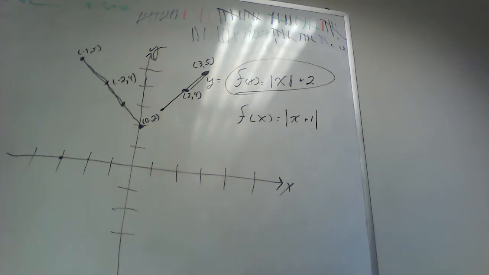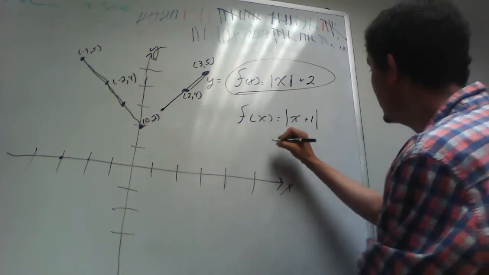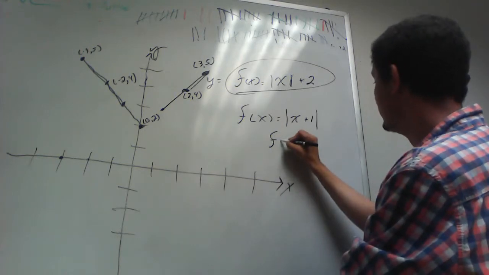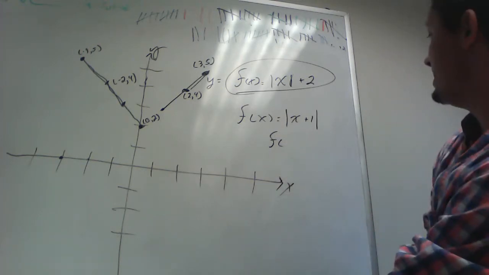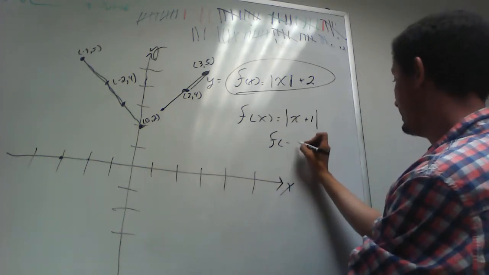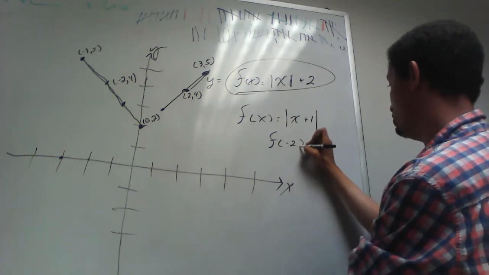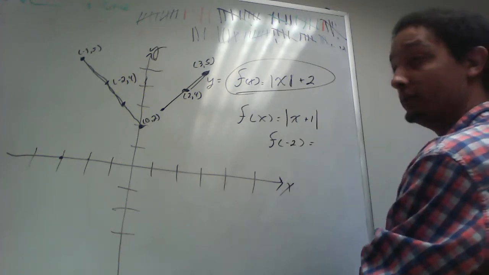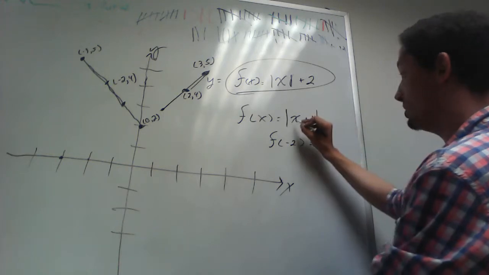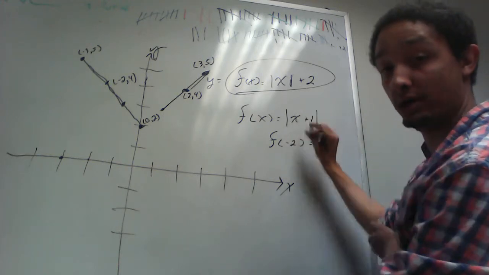Pretty much it's the same procedure, just put in points. Let's say f of negative, start with just negative 2. And so that's going to be the absolute value of negative 2 plus 1.